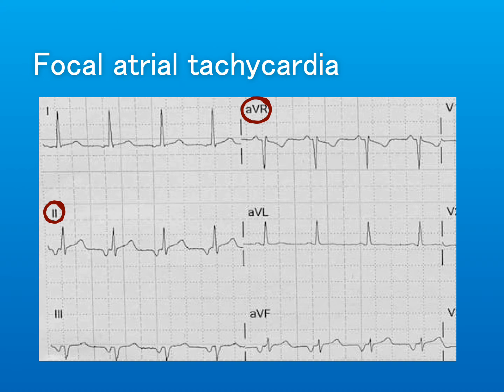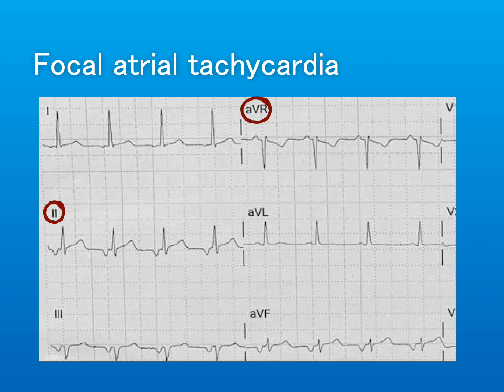For example, if it's coming from the left atrium, one of the lateral leads, AVL, would give you a negative P wave because it's traveling away from the left atrium towards the right atrium. And AVL is typically going in a leftwards direction.